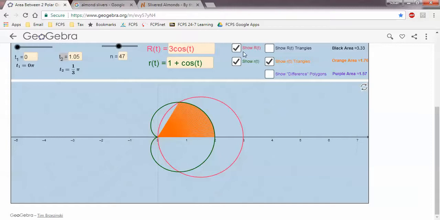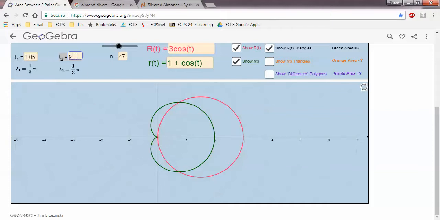Okay, so we've got to do it of the circle one, right? This one. But I have to change. I've got to start at pi over 3. So that's where I'm going to start. But then where do I end? Pi over 2. Pi over 2 is where cosine equals 0, and we want to know where it hits the pole again, right?